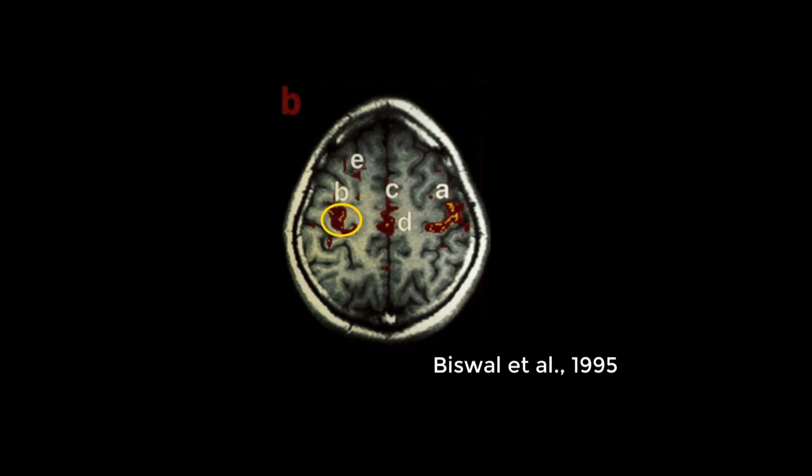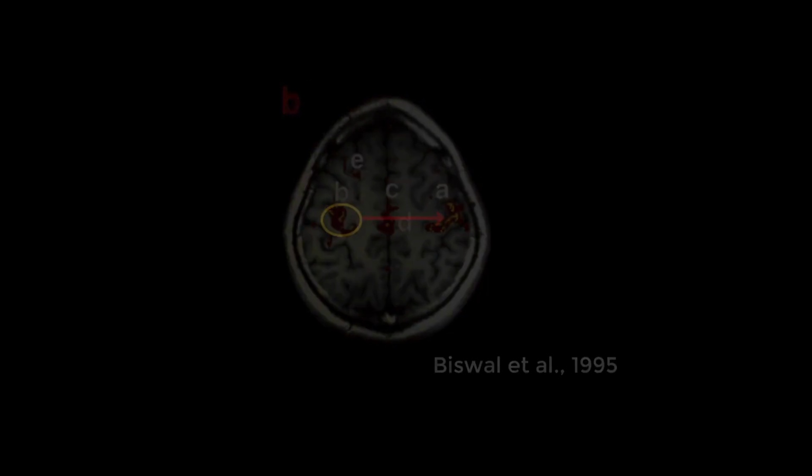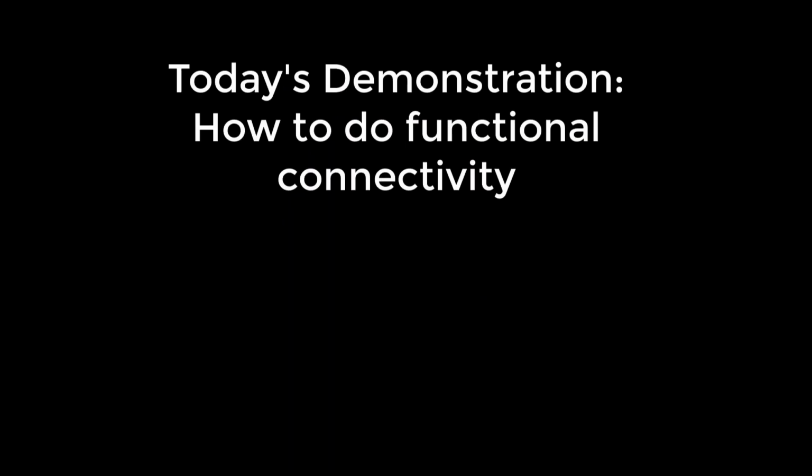Instead of the random correlations that one would expect, there was a strong correlation with the opposite hemisphere's motor cortex, suggesting that these two functionally similar regions, although physically distant from each other, generated similar patterns of activity even at rest. The following demonstration will give you an idea of what he did and what functional connectivity is.